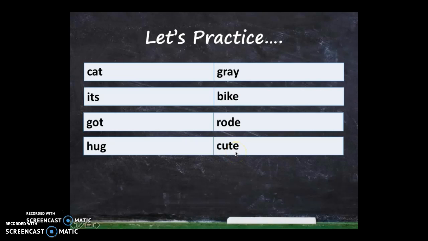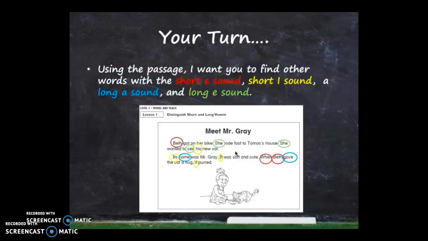Now you try this with your learning guide and see if it is a long U sound or a short U sound. Great job, friends. If you said it was a long U sound, it said its name. Cute.